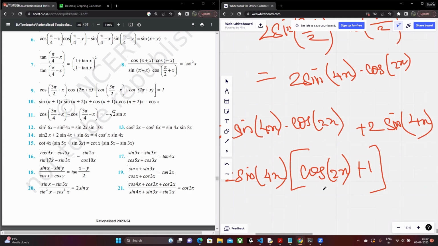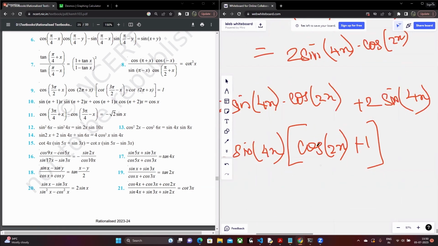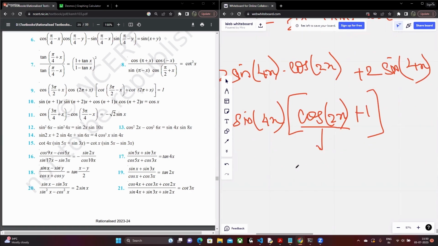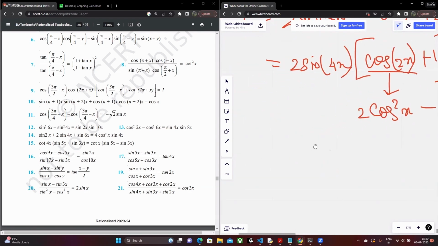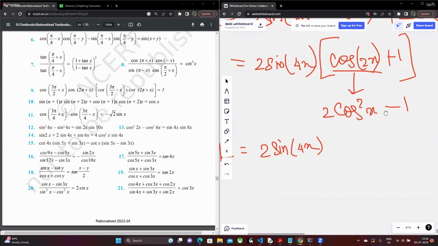Right. Remember that cos 2x has many different forms, and one of those forms is basically 2 cos square x minus 1. Right. Therefore, L is equal to 2 into sine of 4x times this plus 1 and this minus 1 get cancelled out. So I'm basically left with 2 cos square x. Right.